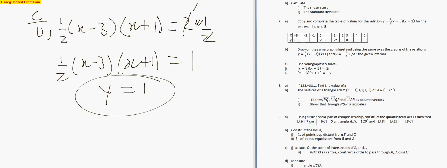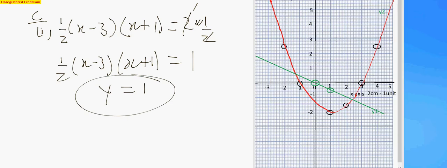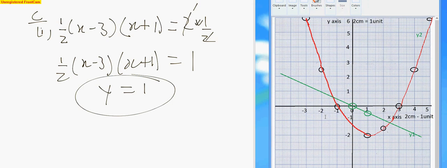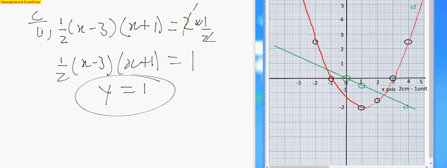And for y is equal to 1, what you do is you come back to your graph, and this is my graph here. So when y is equal to 1, I can come back here and draw a straight line. If I want to draw a straight line, I'll draw a straight line for when y is equal to positive 1.